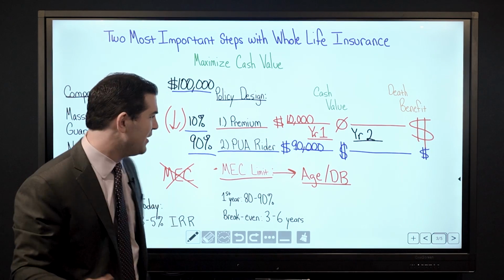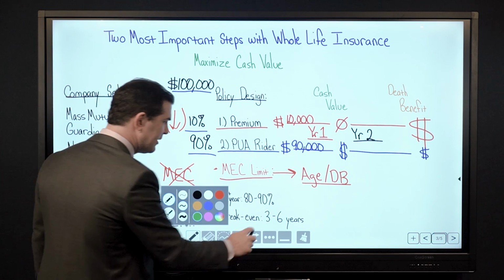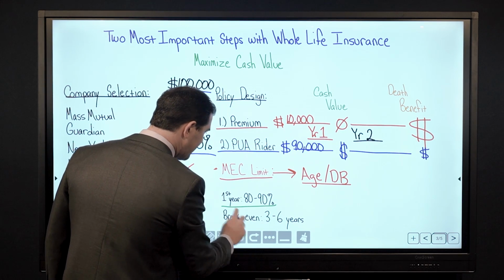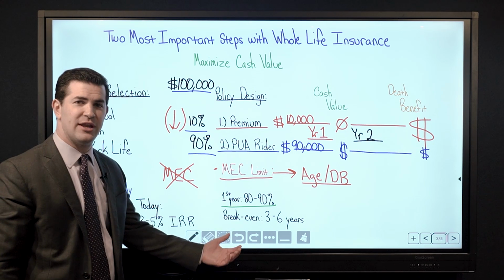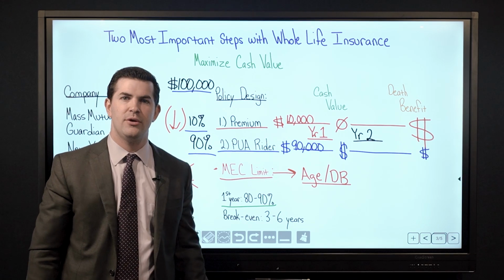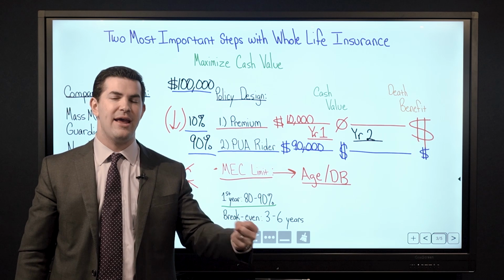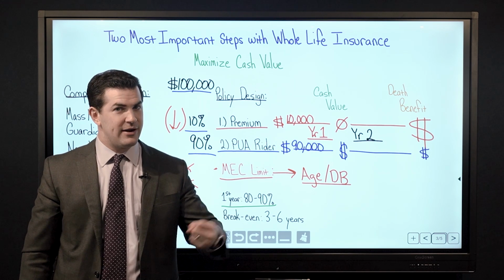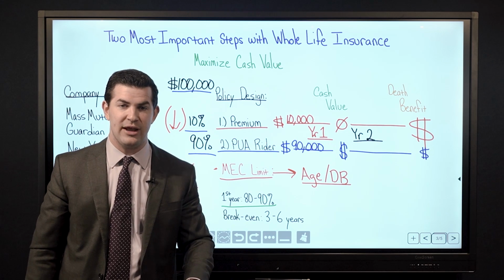I love that saying. So what to look for, because I know this can be overwhelming. Number one, with the policy in the first year, whatever my payment is, I should typically see between 80 and 90% of that in cash value. So if you pay in $10,000, I should see between $8,000 and $9,000. If I pay in $100,000, I should see between $80,000 and $90,000.